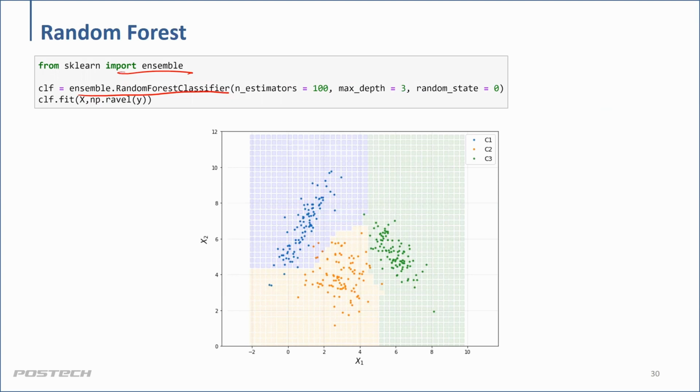Okay, so that's all the material that I have for decision trees. And the reason why I put KNN and decision trees here is that they're slightly different from support vector machines and logistic regression.